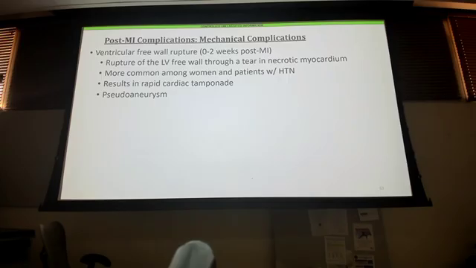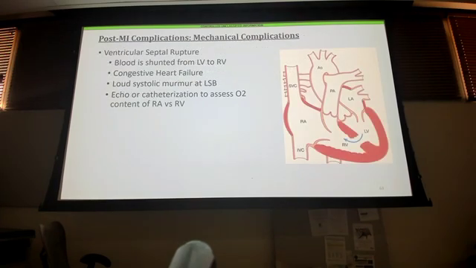So you have to be careful of this complication, because this isn't something that necessarily is going to present in the hospital. This could be something after they've been discharged and they're coming to see you in your clinic for that post-hospitalization follow-up that they experience this complication.